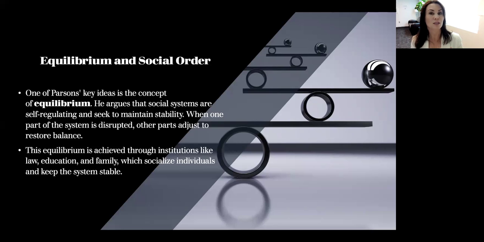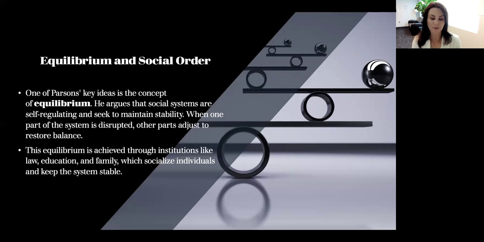Parsons continues with that equilibrium or balance in society. He argues that social systems are self-regulating and seek to maintain stability. When one part of the system is disrupted, other parts adjust to restore the balance.